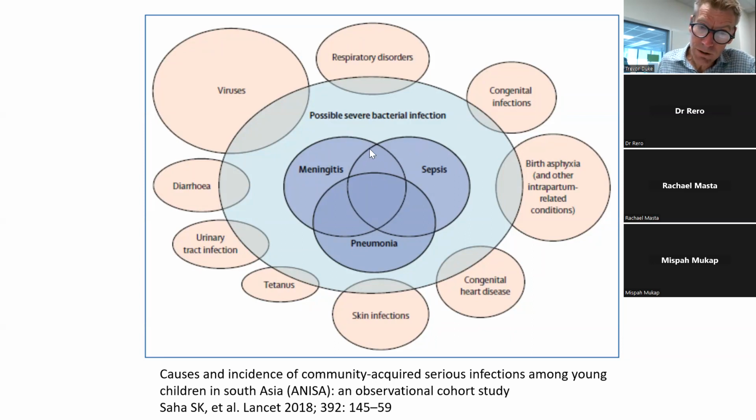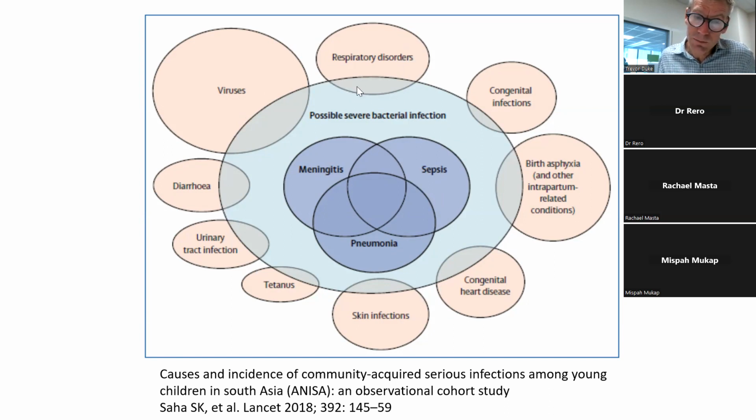But if you think about the three most dangerous infections, sepsis, that is like a bacteria in the bloodstream, or meningitis or pneumonia, they make up the majority of the very serious bacterial infections. As well as that, there are, of course, the cord infections, skin infections, soft tissue and bone and joint infections, which are a form of sepsis. So these all make up the possible serious bacterial infections, but the clinical features of these do overlap quite a bit with other non-infectious disorders.